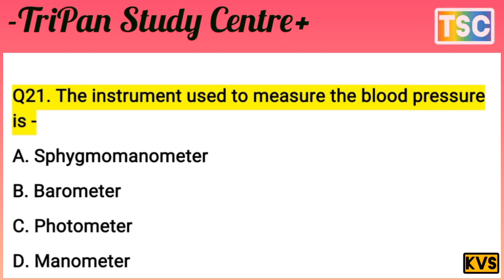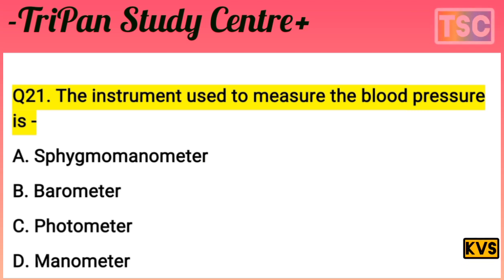The blood pressure reading obtained by using a sphygmomanometer is composed of two numbers that indicate systolic and diastolic pressure.